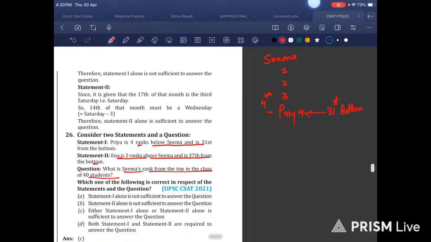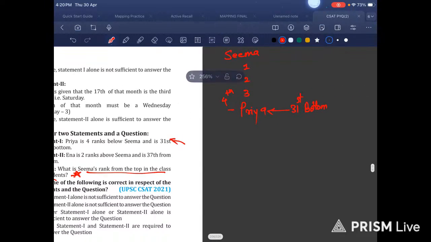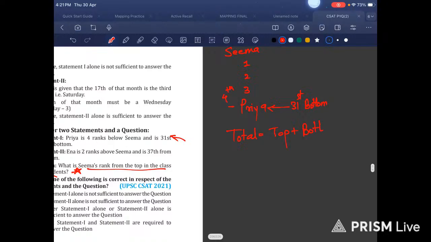Okay. Let us see for statement 1. From this, what can we get? What is Seema's rank from the top of the class? I can get this answer by using statement 1 also, because the formula is: total is equal to top plus bottom minus 1.